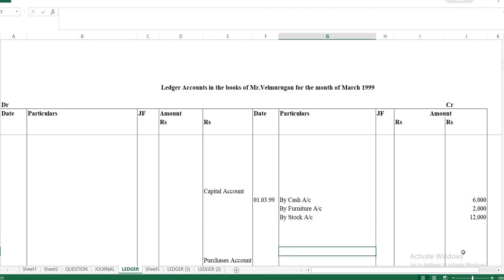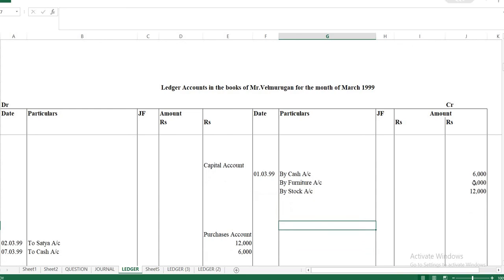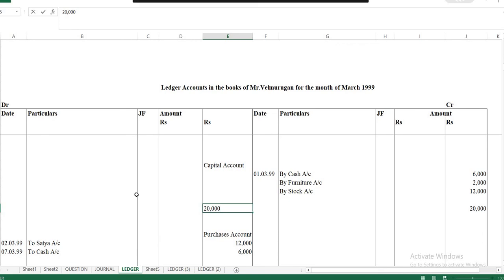So how do we balance this account now? If you say 6,000 plus 2,000 plus 12,000, that comes to 20,000 actually. But on this side, nothing is posted, no amount is there. So this 20,000 will be mentioned as it is. Within the columns you have to draw lines and all those things; I couldn't do it here now.